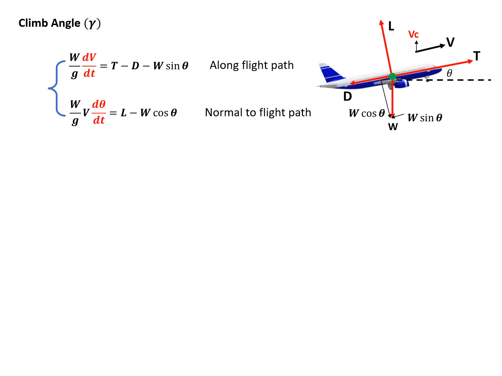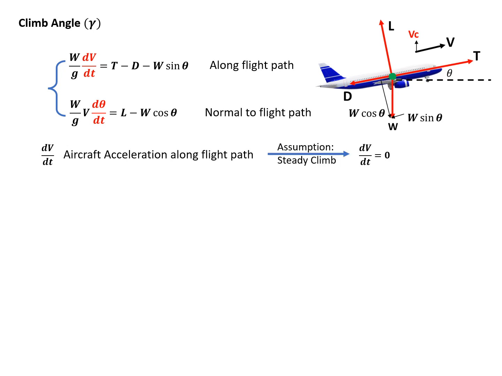Now we're focusing on the direction along the flight path, and dV/dt is the aircraft acceleration along the flight path. If we assume a steady climb, then dV/dt is 0.